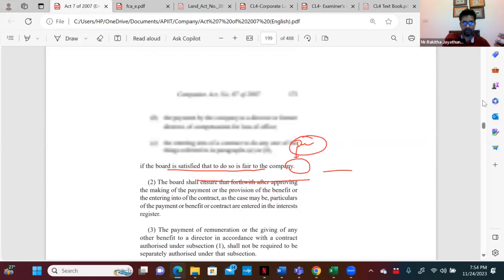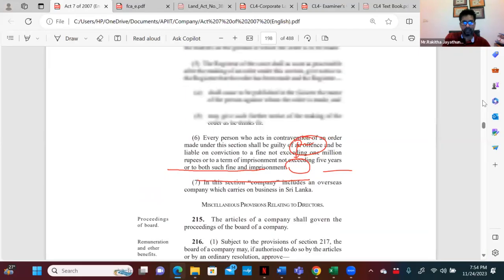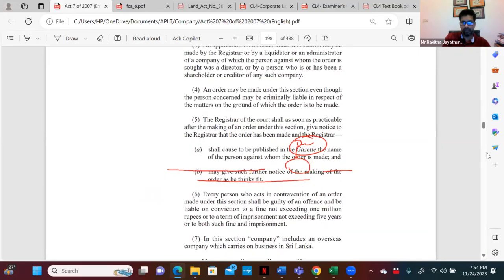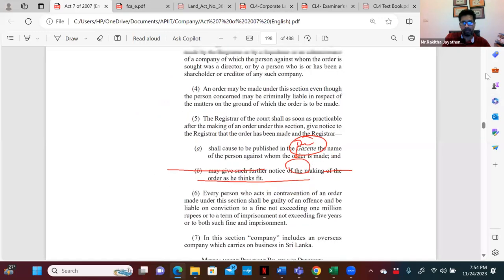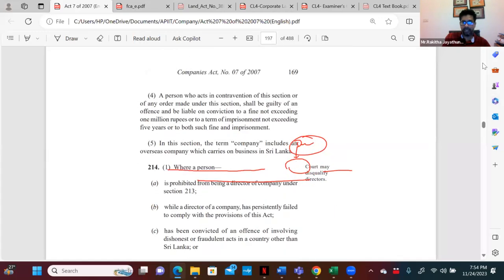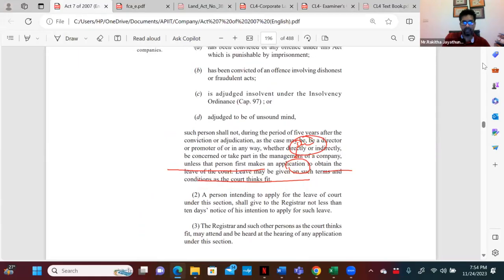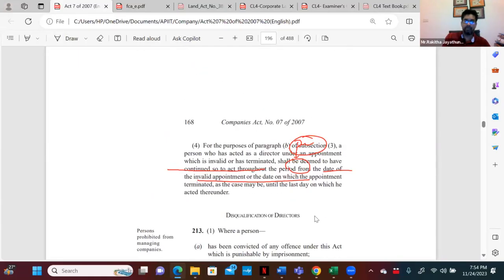So let's see. If you can straight away figure out where the section is, you save a lot of time. But if you try to do this at the exam, that's not the correct approach. Okay.